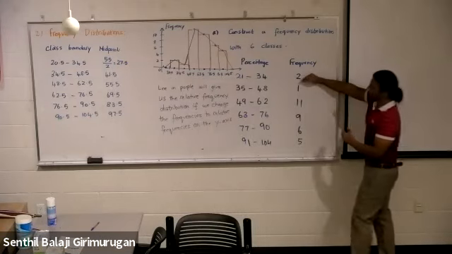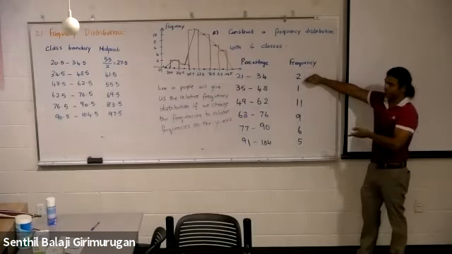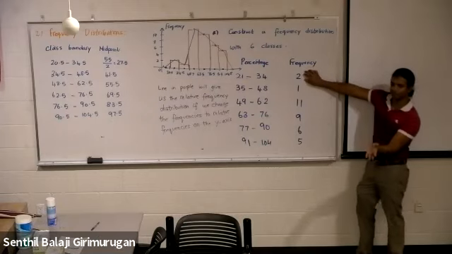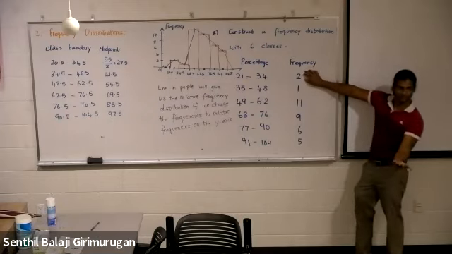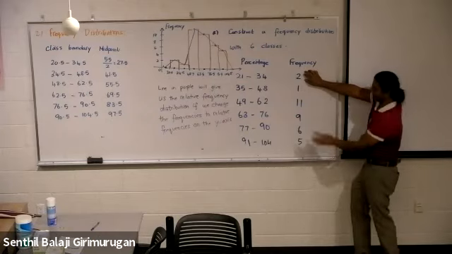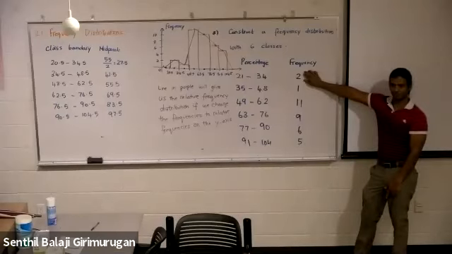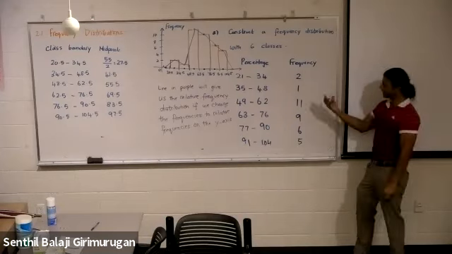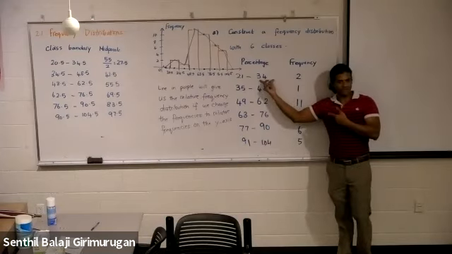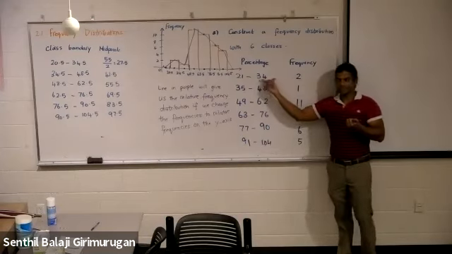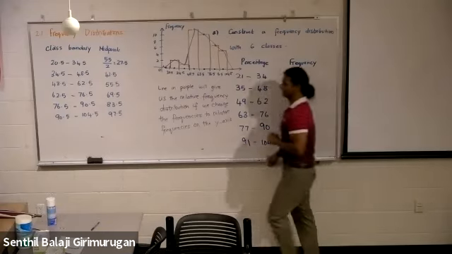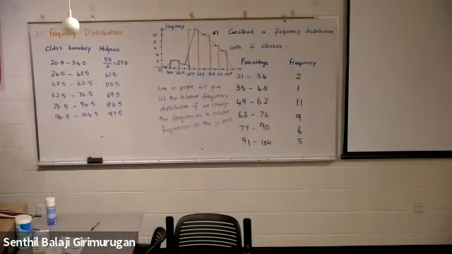So I want to find the relative frequency. In other words, this value proportional to some value. What should that value be? How about the total? Right? 2 relative to the total will give me a proportion of that interval. Do we agree? So we have 3, 14, 23, 29, 34 of them.